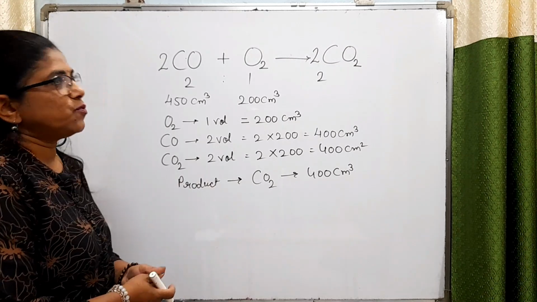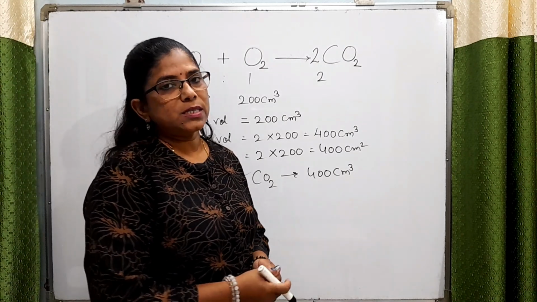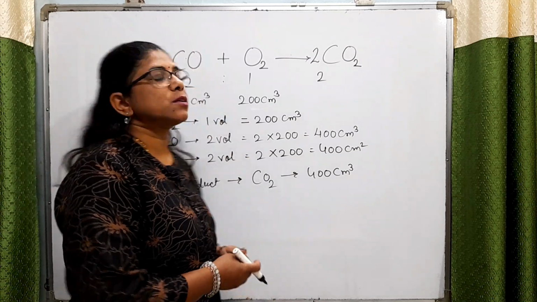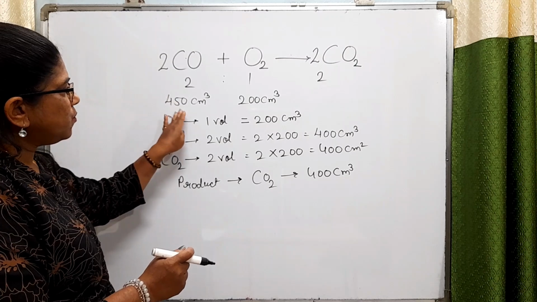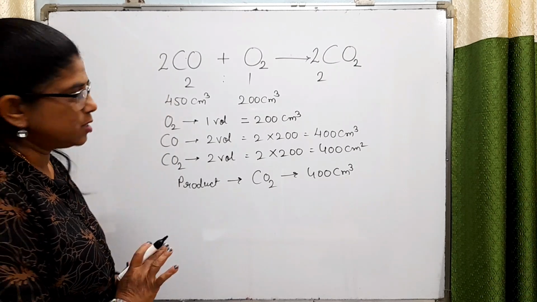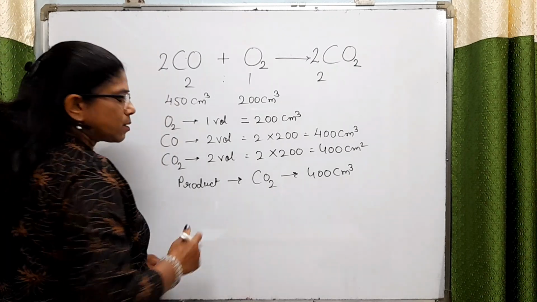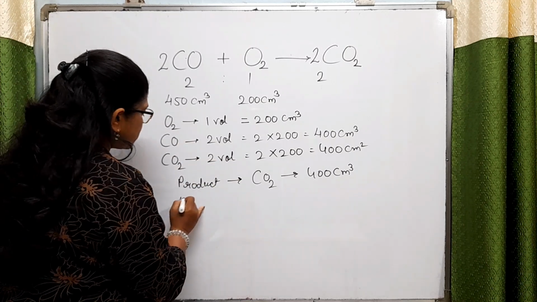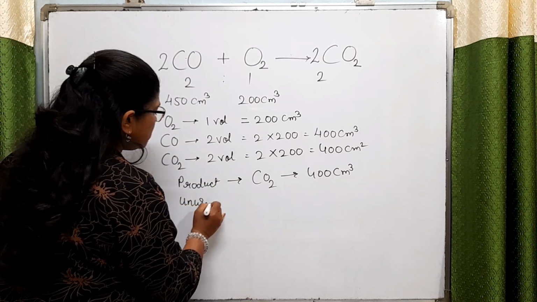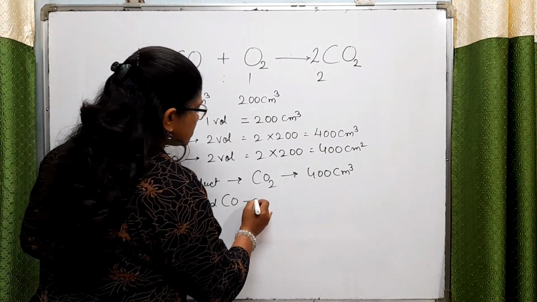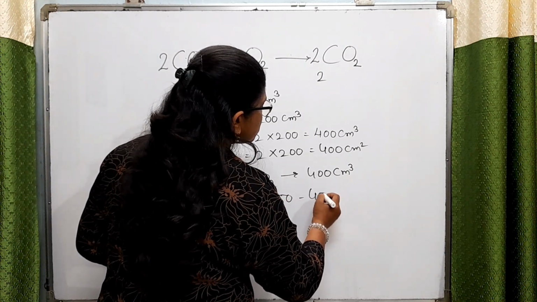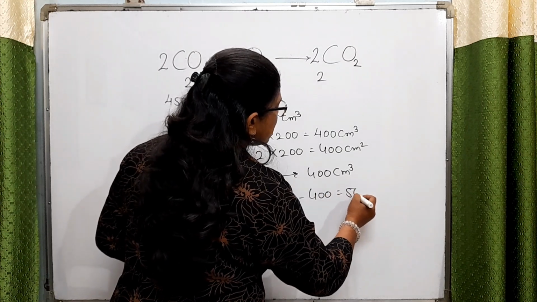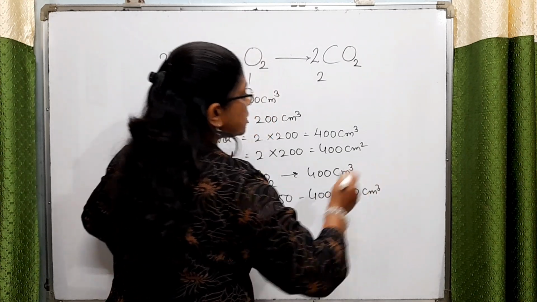Now suppose they ask what is the volume of unused carbon monoxide. Here we have 450 centimeter cube of carbon monoxide. So let's write unused carbon monoxide. Altogether we have 450. From this 400 is used and 50 centimeter cube is unused.